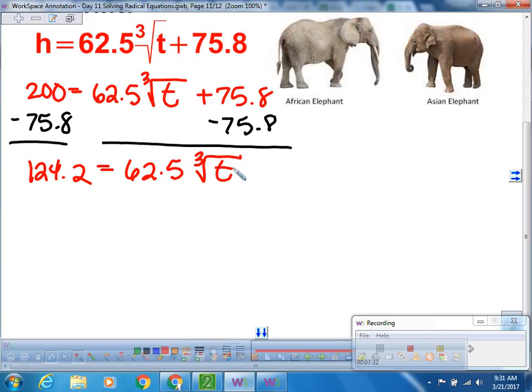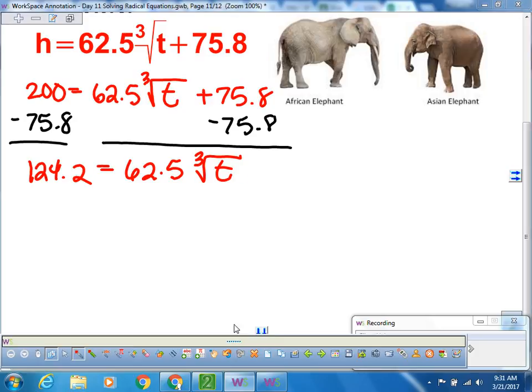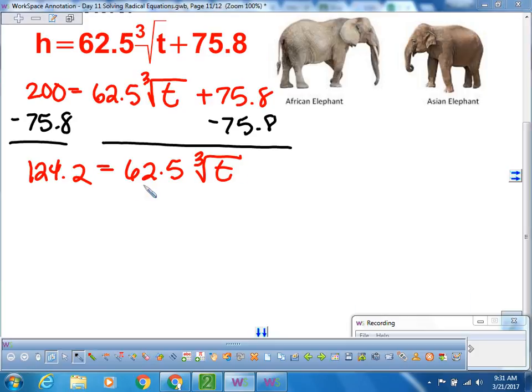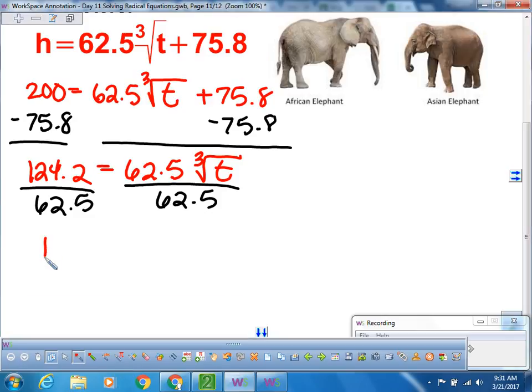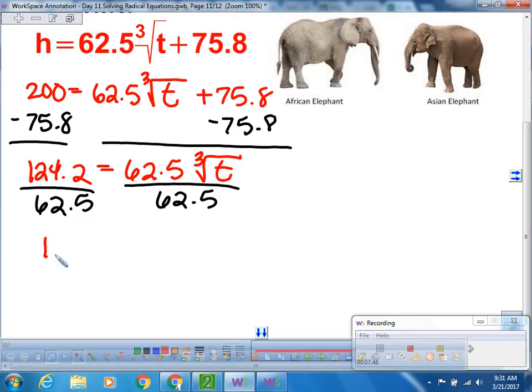What would I do next? Can you do that in a calculator? Divide by 62.5. 1.98. Awesome. Equals the cubed root of t. Cubed root of t. Now what? Cube both sides.